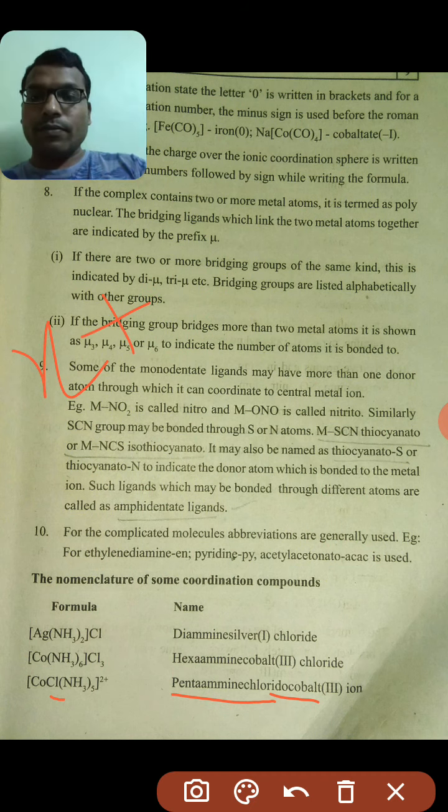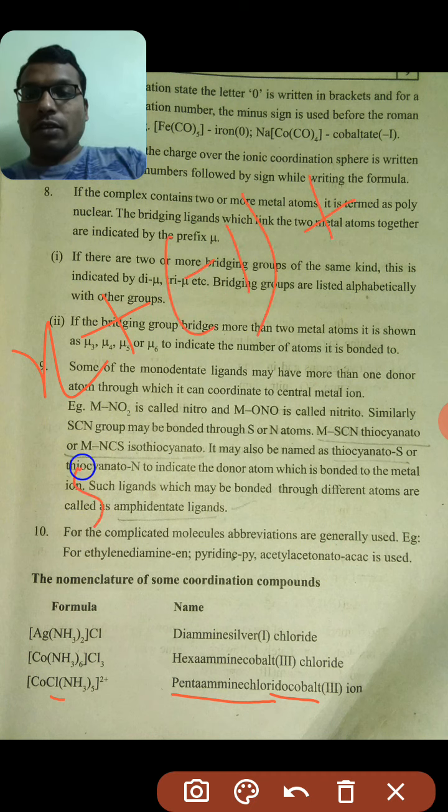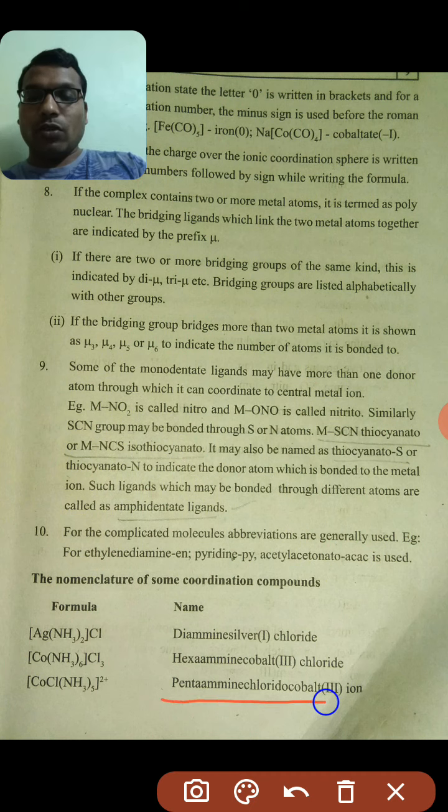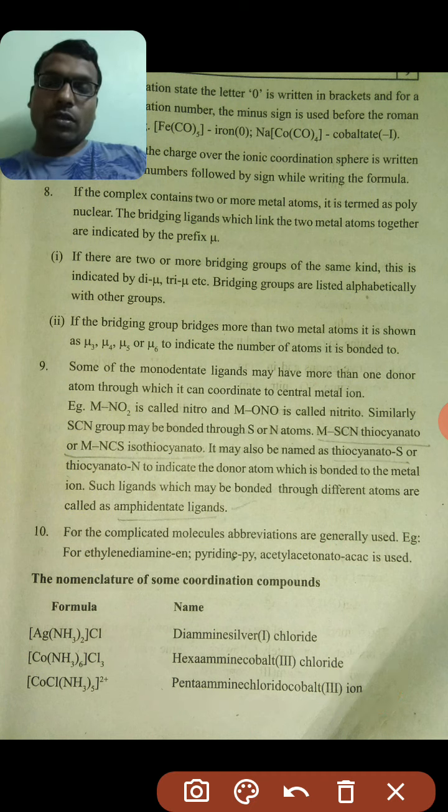X plus minus 1 for chloride plus 5 into 0 for ammine equals plus 2, because there is a plus 2 charge. So X is plus 3. That's why I'm writing pentaamminechloridocobalt 3 ion.